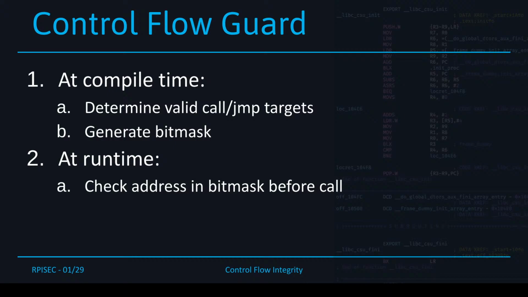So then at runtime, you're going to check that address in the bitmask every time you have a call instruction. When you call, instead of just jumping directly to that address, you're going to look up in this bitmask that you created at compile time, and say, wait a minute, is this valid, or is this going to be malicious code? Is this a valid start of a function, or is this going to be some address on the stack that an attacker might control?